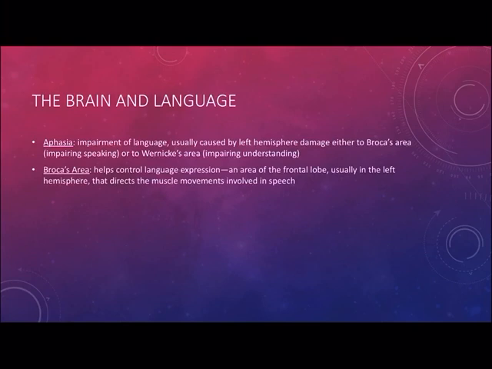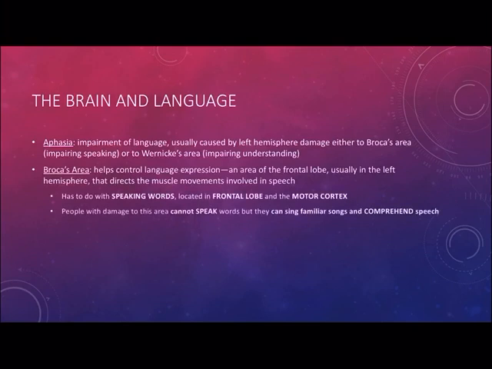Broca's area and Wernicke's area are so important to know what the difference is about. So you want to know that Broca's area has to do with speaking words, actual production of language. And it's located in the frontal lobe, specifically within the motor cortex of the frontal lobe.